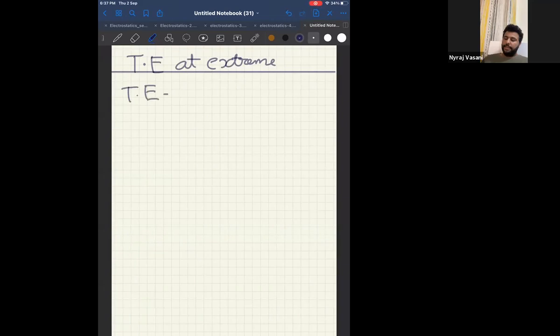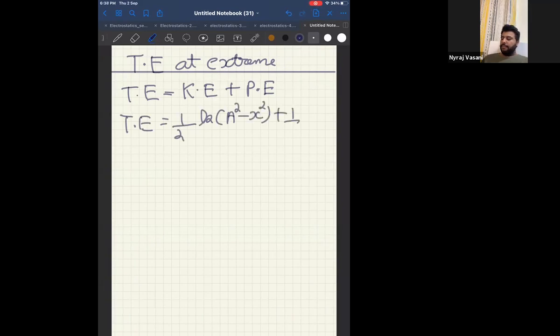Now, can I say total energy? Please look at the screen. Can I say total energy is kinetic energy plus potential energy, same as the starting? Or can I say total energy is half K times A square minus x square plus half K x square, correct?